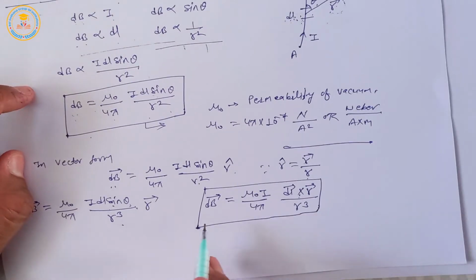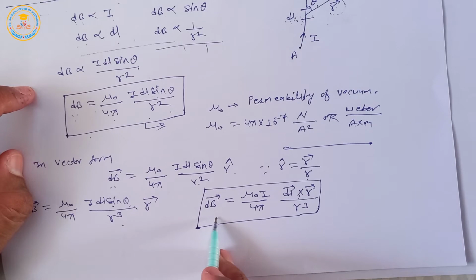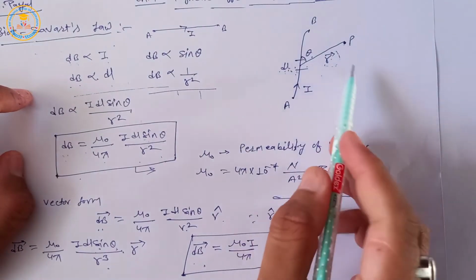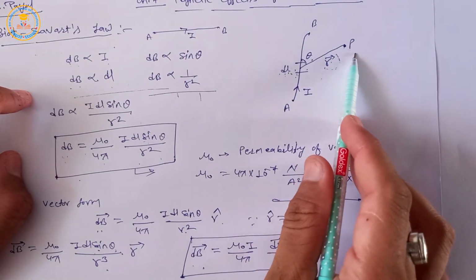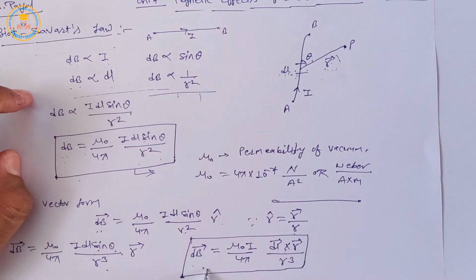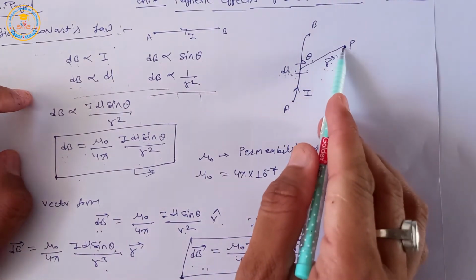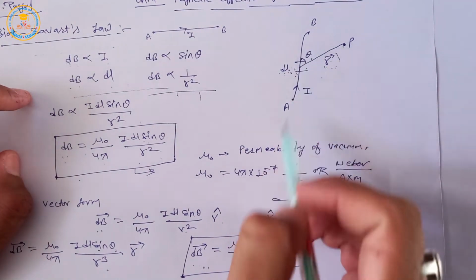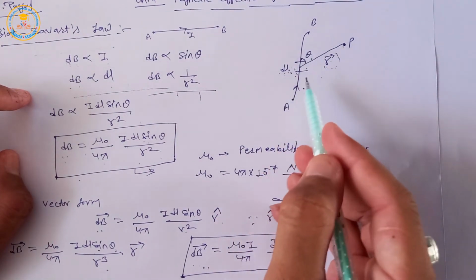This equation represents the intensity of a magnetic field due to a small current carrying wire. But we want to find the intensity of the magnetic field, not electric field, magnetic field, due to the entire or complete wire.